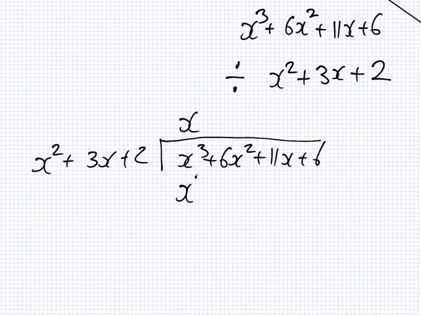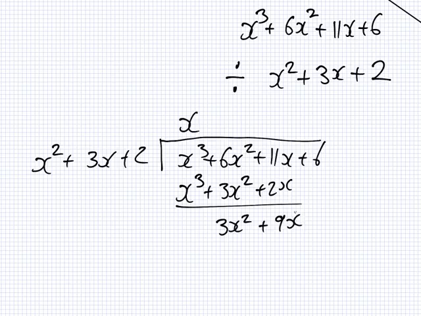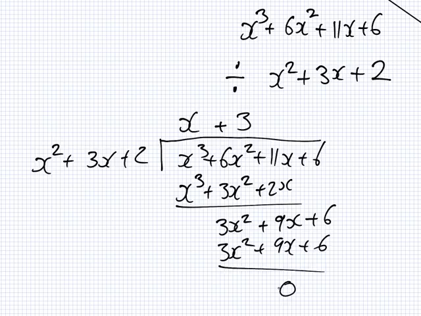X cubed plus 3x squared plus 2x. Subtract. That's 3x squared plus 9x plus 6. Plus 3, yeah. So then we have 3x squared plus 9x plus 6. And that's the answer.